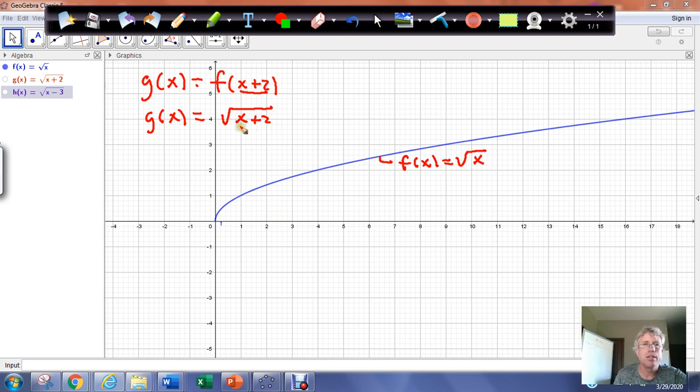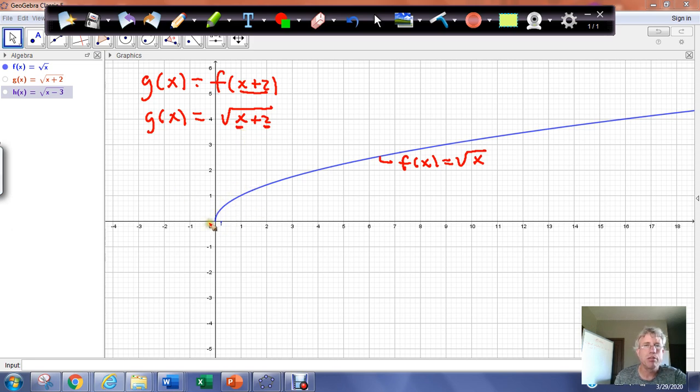And the idea is that if we're adding 2 to the input variable x, the graph of g should just be the graph of f of x, which I've already drawn here in GeoGebra, shifted 2 units over to the left.